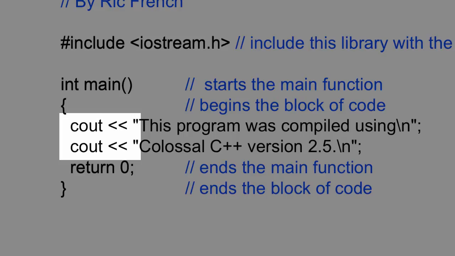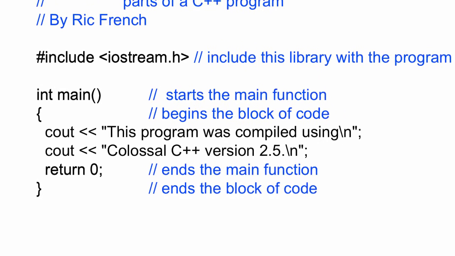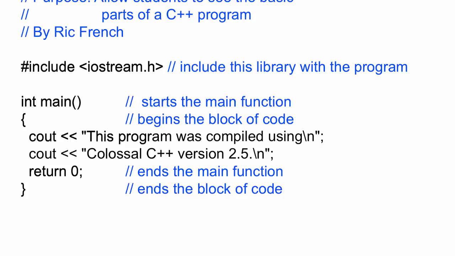Left left. And then we put quotes in there, and then we write whatever we want to have appear on the screen. So that actually prints to the screen. The second line does the same thing. It's a cout, left left, a quote, Colossal C++ version 2.5 prints to the screen. Notice both of those lines print to the screen, but they also end in a semicolon. And that's all there is to a C++ program.